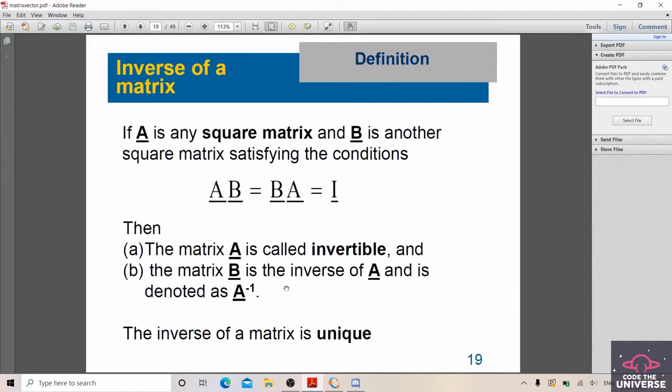For now, let's go to this very important concept called the inverse of a matrix, which is really helpful in several realms, both of computation as well as mathematics. I'm not going to give you a very technical definition here. How I'd put the inverse of a matrix in very simple terms is this: let's say you have a number x. Then x into 1 by x will be 1, quite obviously.